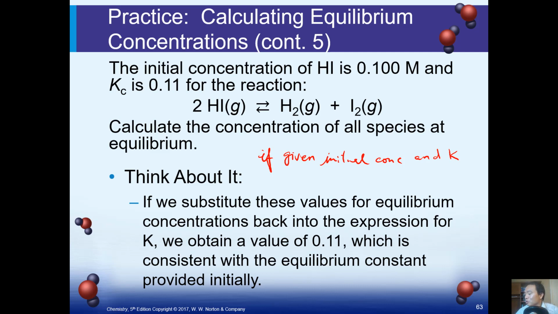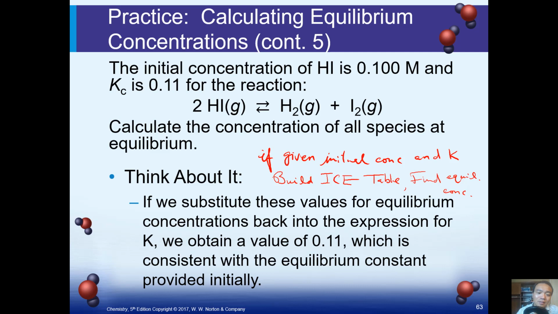What you're going to do is build an ICE table, or if you prefer, you can call that a RICE table. Then solve for x. You can find the final or equilibrium concentration. In this process, sometimes you have to solve a quadratic equation.